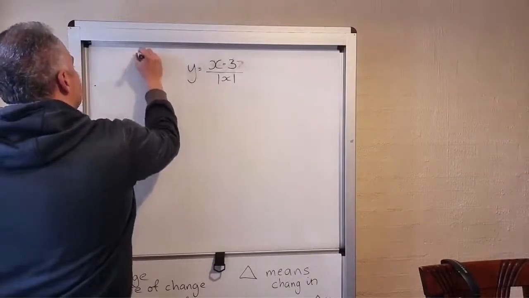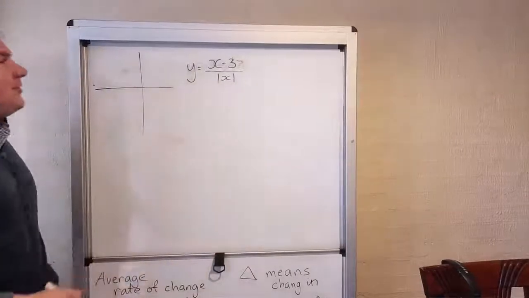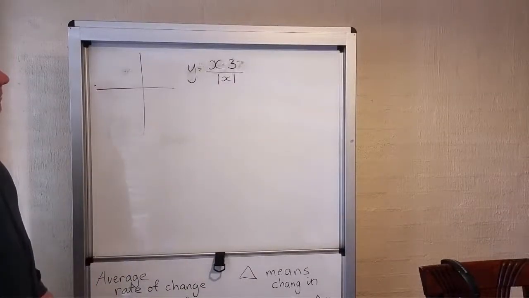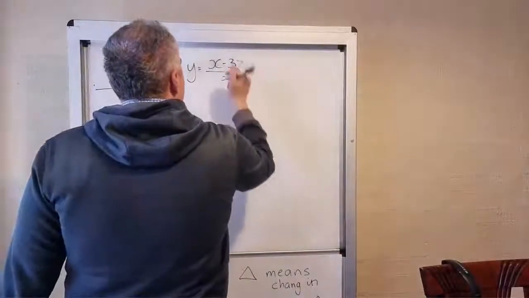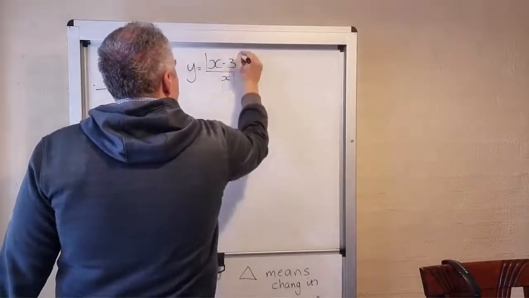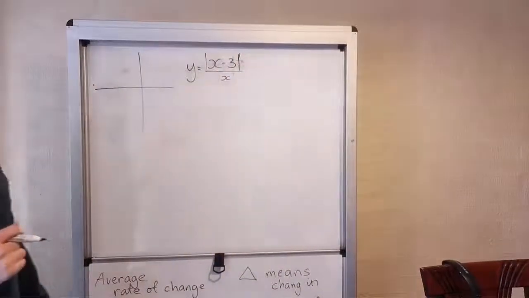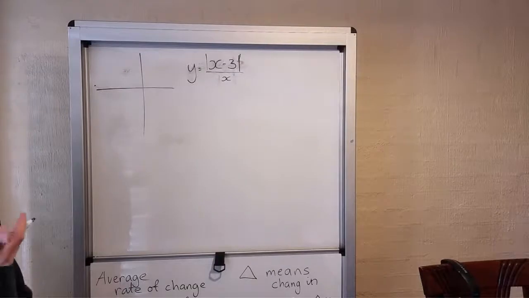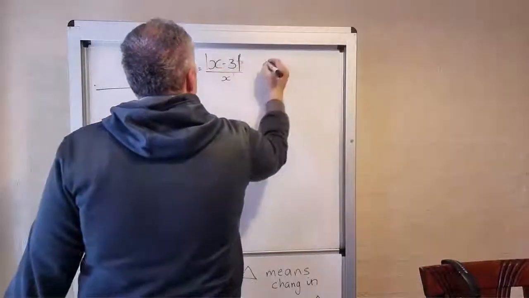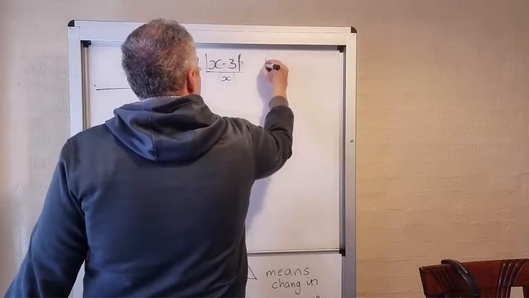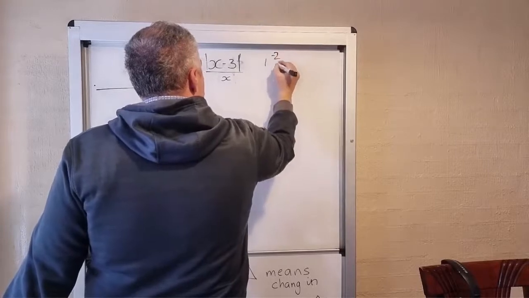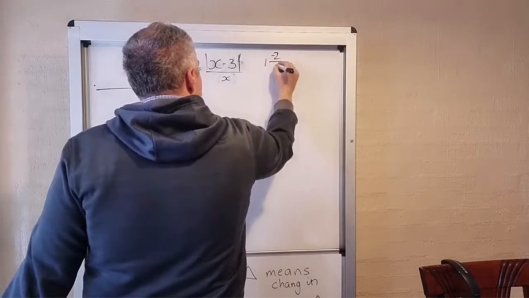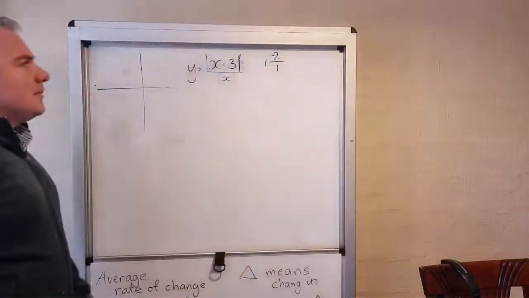Okay. So, this is more interesting if you put the absolute values on the top. If you chuck 1 into this equation, x equals 1, you've got 1 minus 3 is 2, minus 2 on 1, okay?